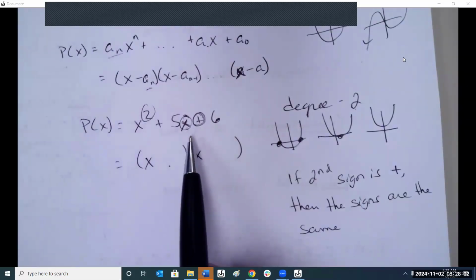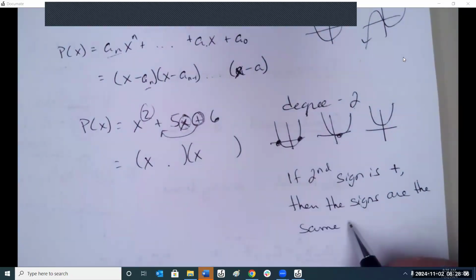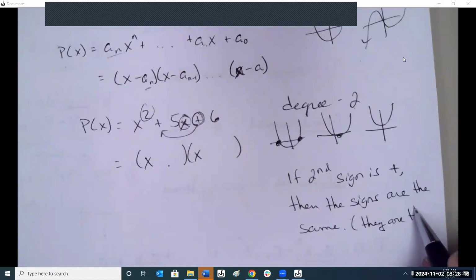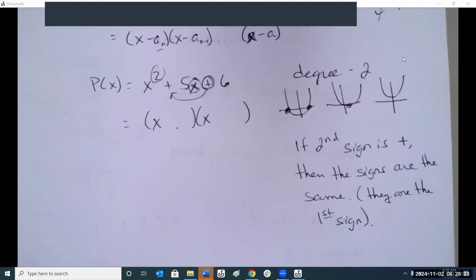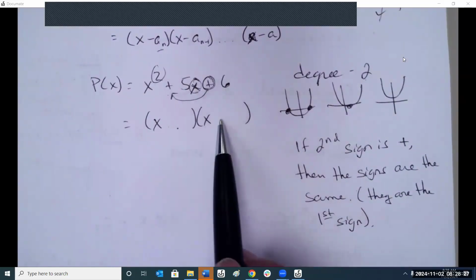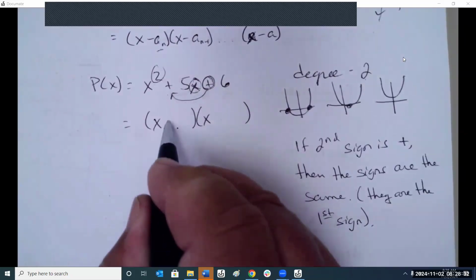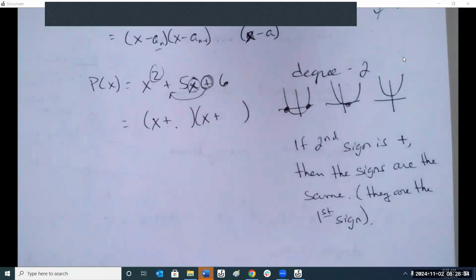So what are they, positive or negative? Look at the first sign. If the second signs are positive, then the signs are the same. They are the first sign. If it was x squared minus 5x plus 6, then it would be minus minus. But since they're both positive, we know it's going to be plus plus.